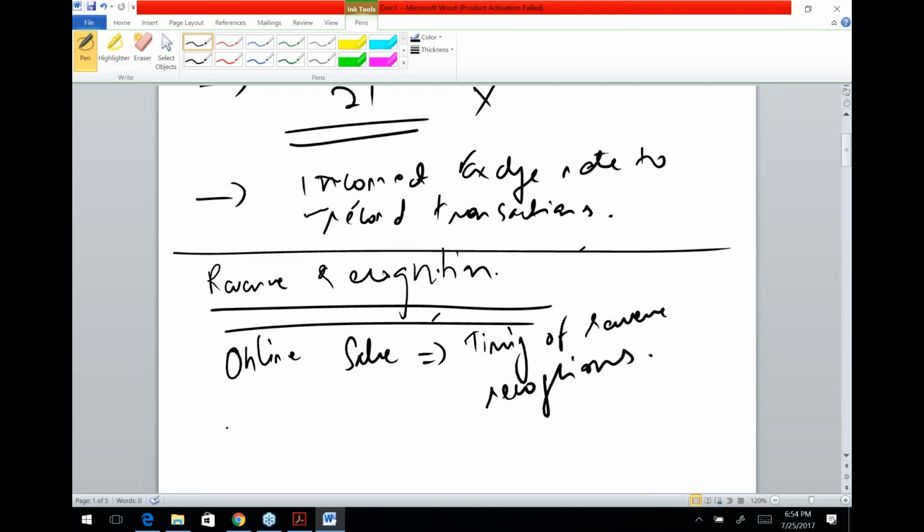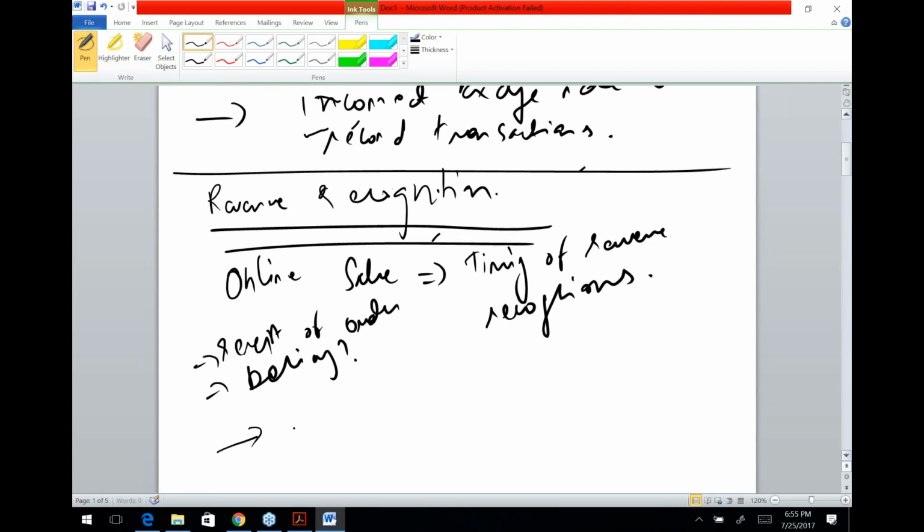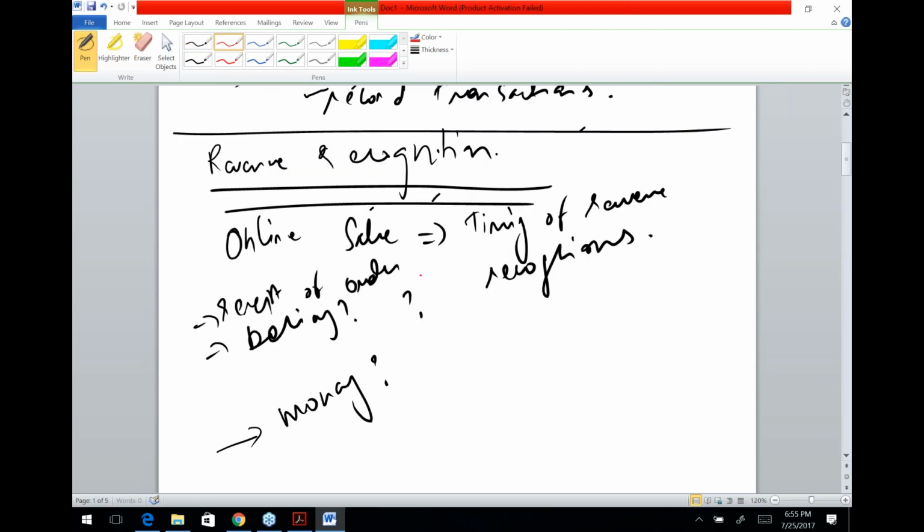Should we recognize upon receipt of order, or upon the delivery, or upon the receipt of money? So when should we actually recognize it? It's very, very difficult.